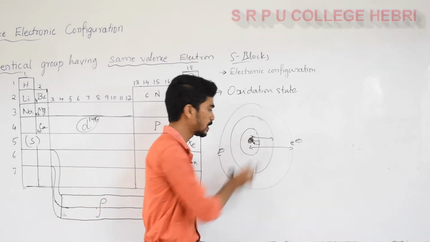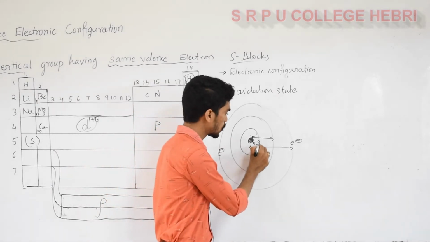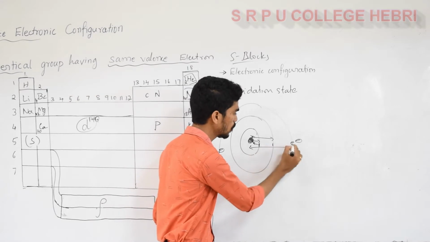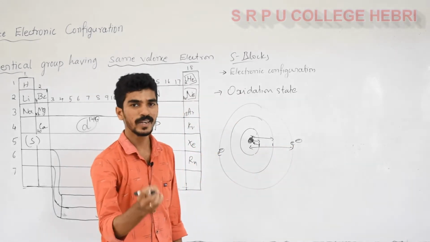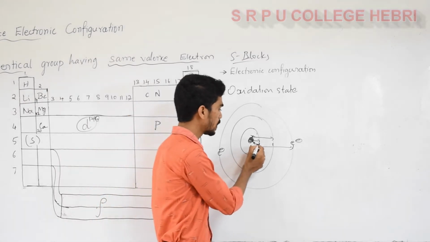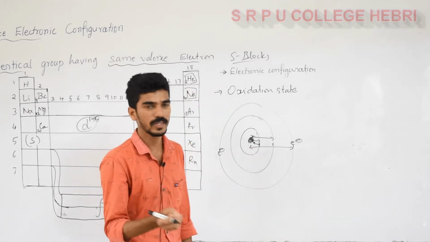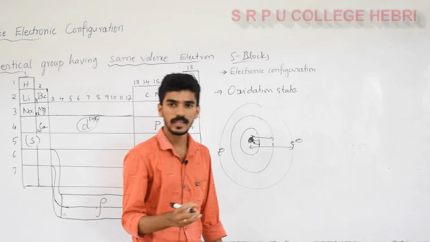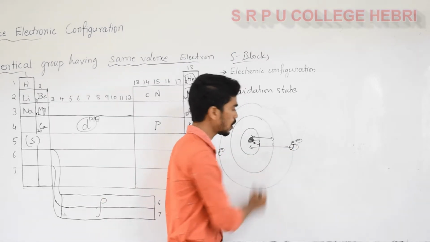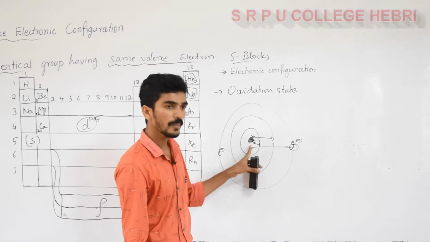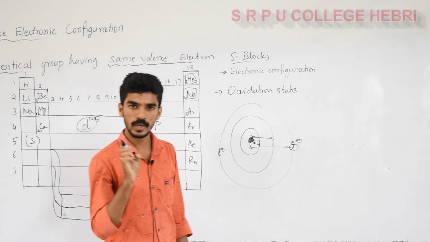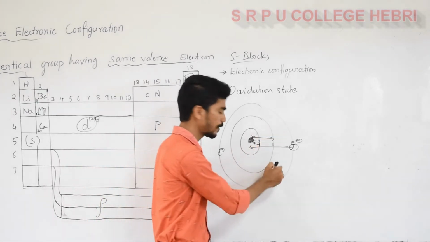We keep the magnet at the center, and we place the iron piece in different orbitals. Whichever is very close to the nucleus is attracted more, and the outermost one will not be affected by the magnet. The same thing applies here: the center has positive charge, and electrons are present in different orbitals.